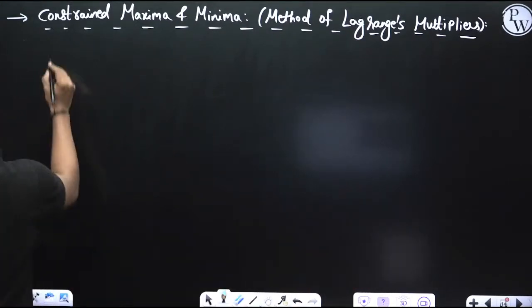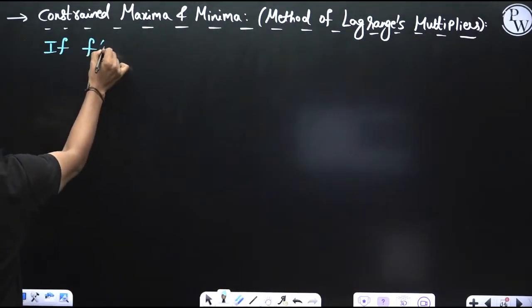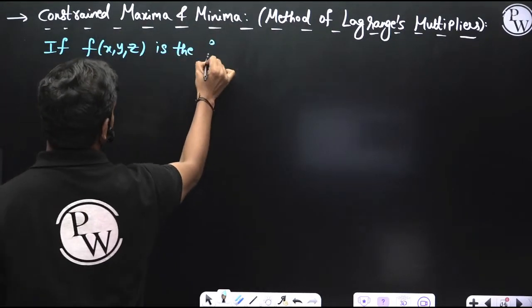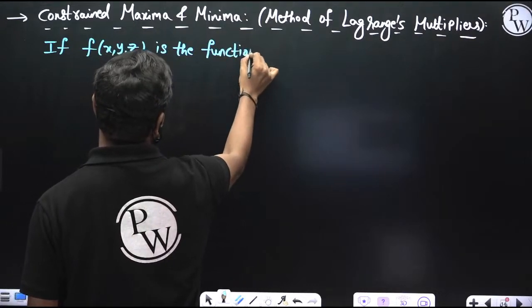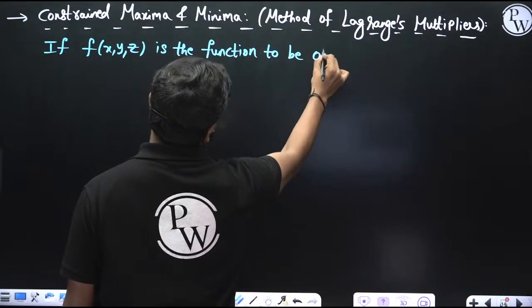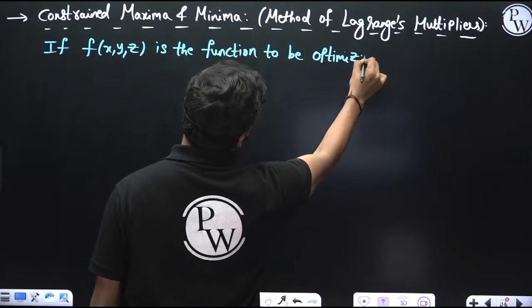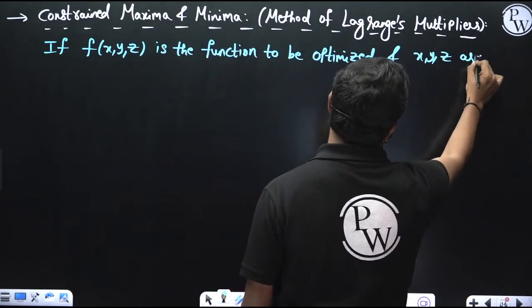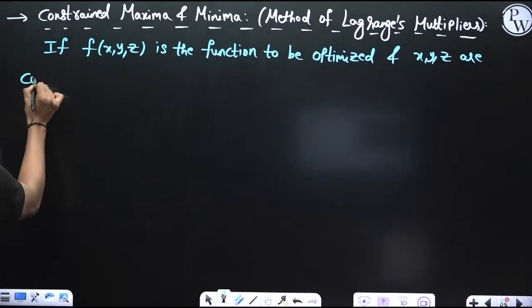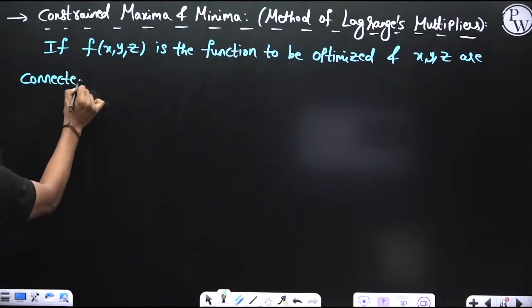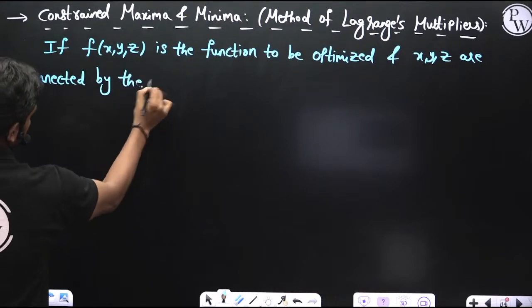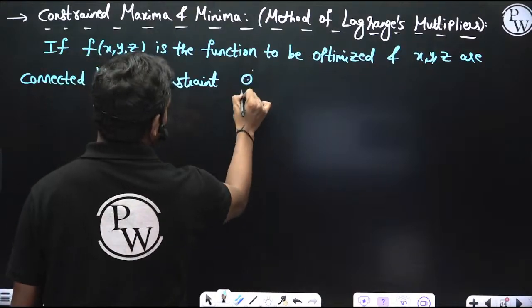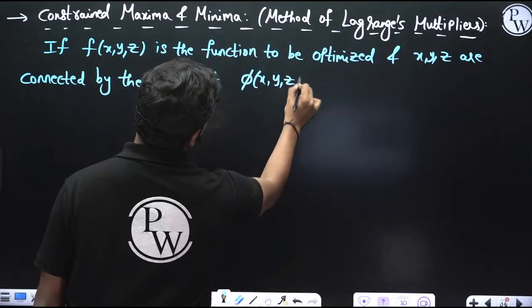If f of x, y, z is the function to be optimized, and x, y, z are connected by the constraint phi of x, y, z is equal to constant.